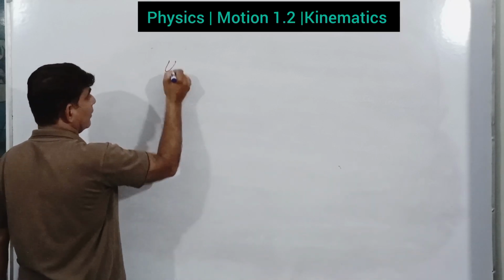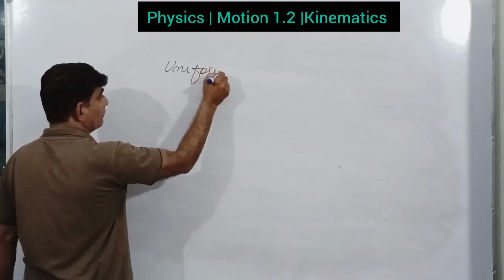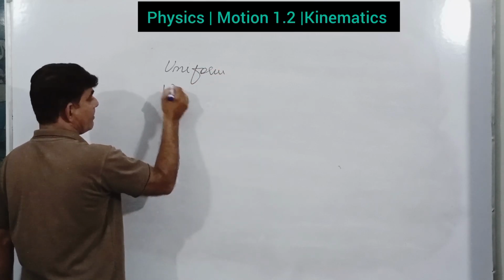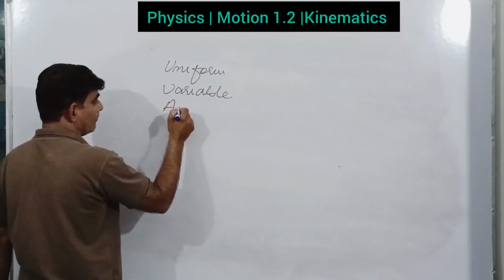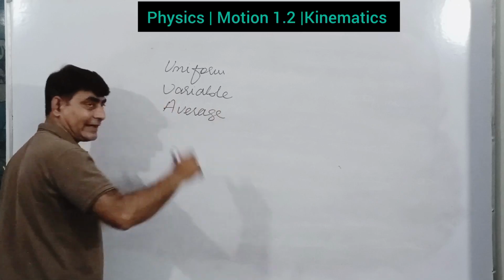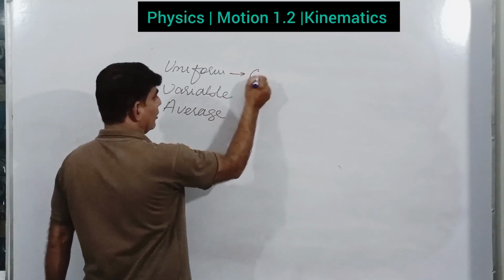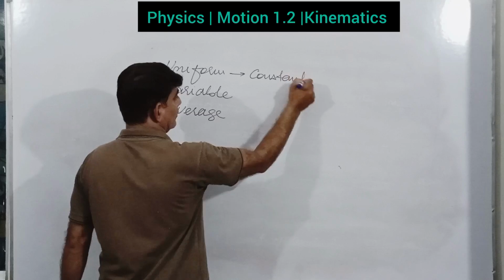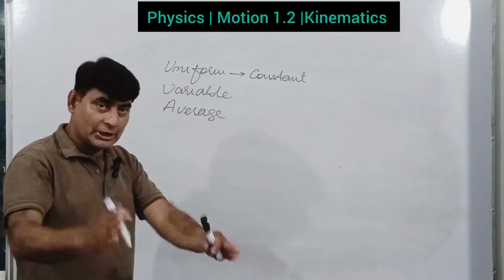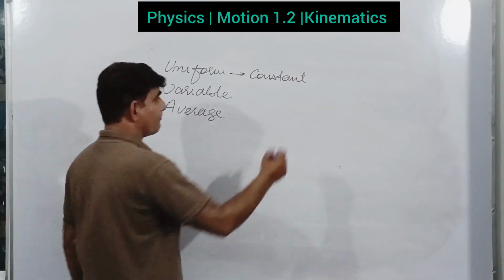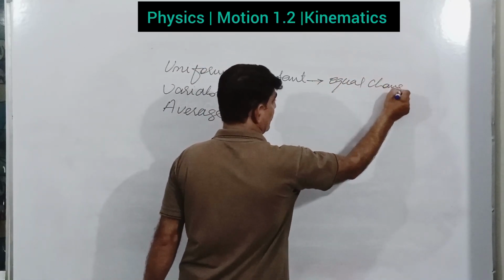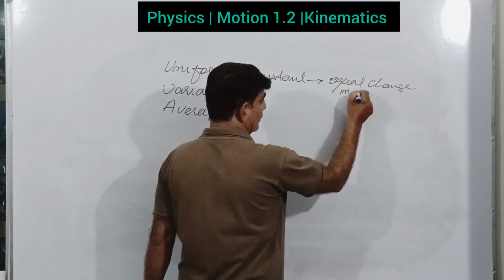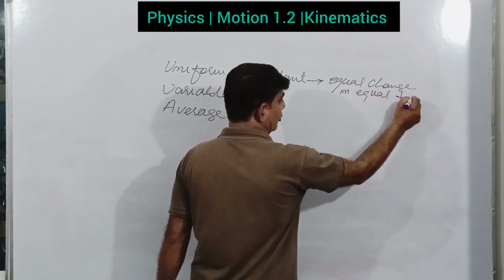Number one, uniform. Number two, variable. Number three, average. Uniform means constant. Constant means equal change in equal interval of time, equal change in equal time duration.